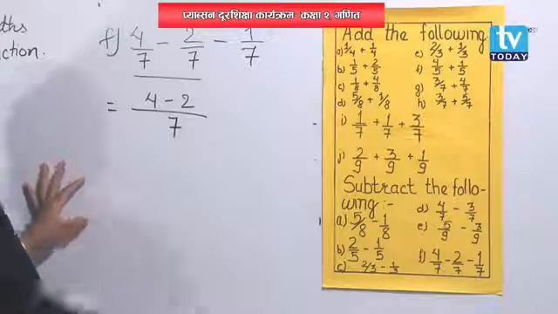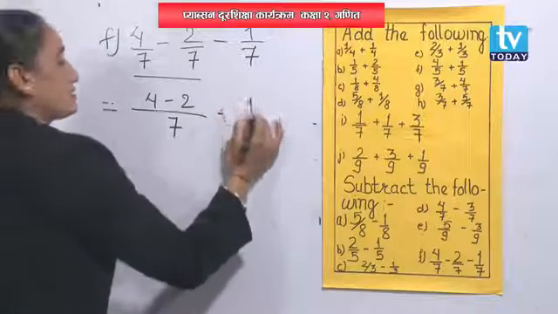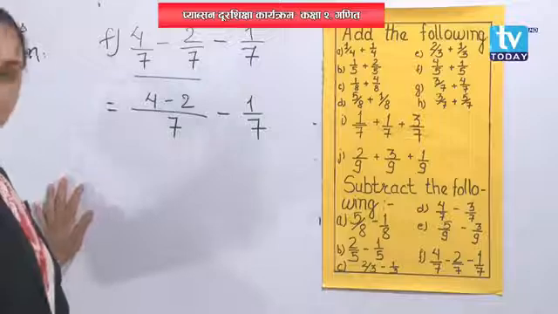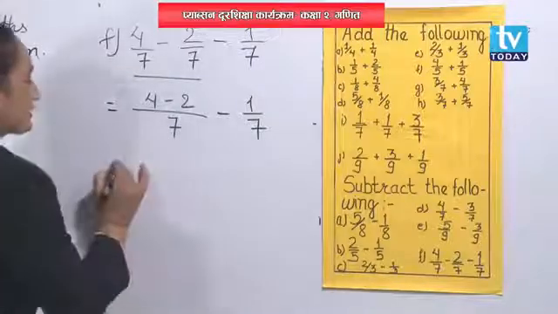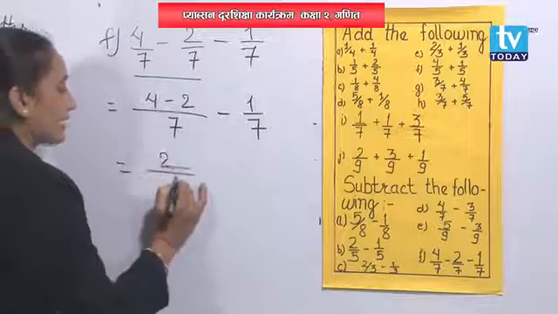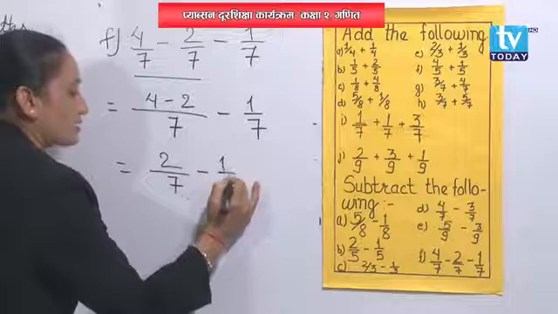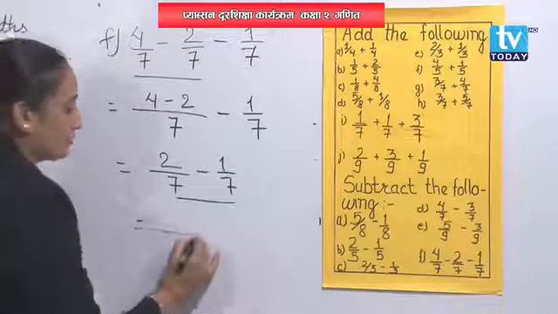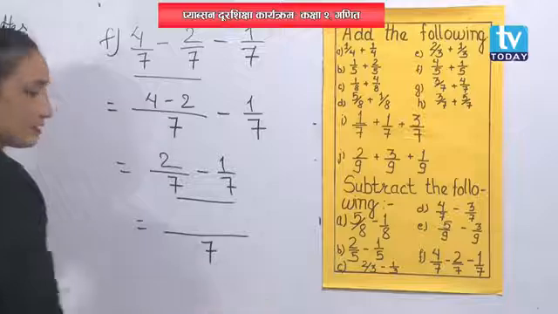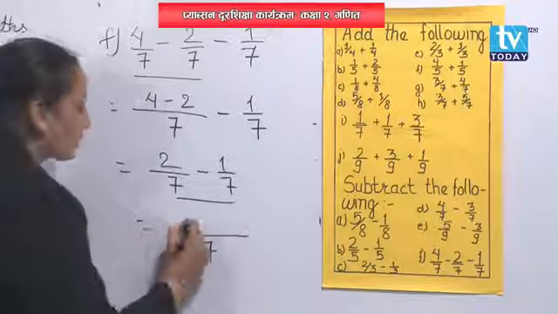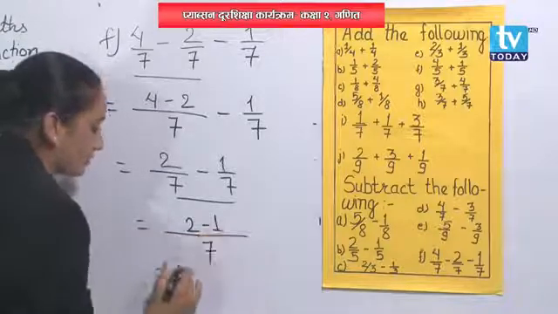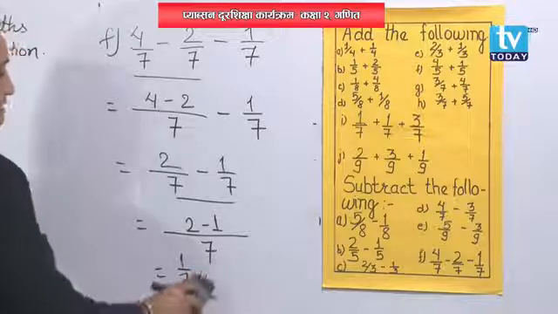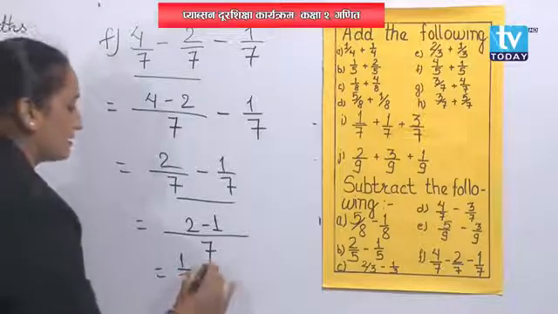This denominator should be written the same. So, 4 minus 2 is 2 by 7 minus 1 by 7. Again, 7, 7 will be common. 2 minus 1, 1 by 7 will be the answer.